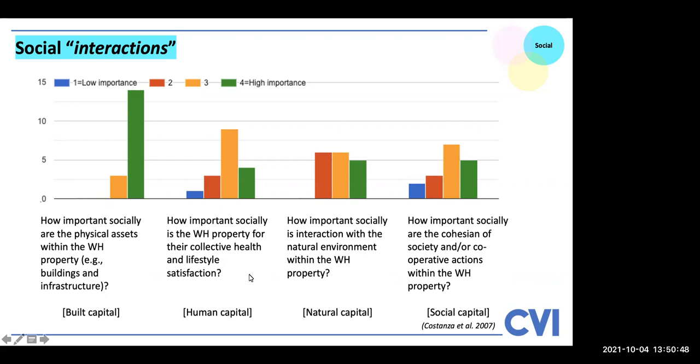And you can see the other questions here. How important socially is the property for collective health and lifestyle satisfaction? How important is the interaction with the natural environment? And how important are the cohesion of society or cooperative actions relating to the property?